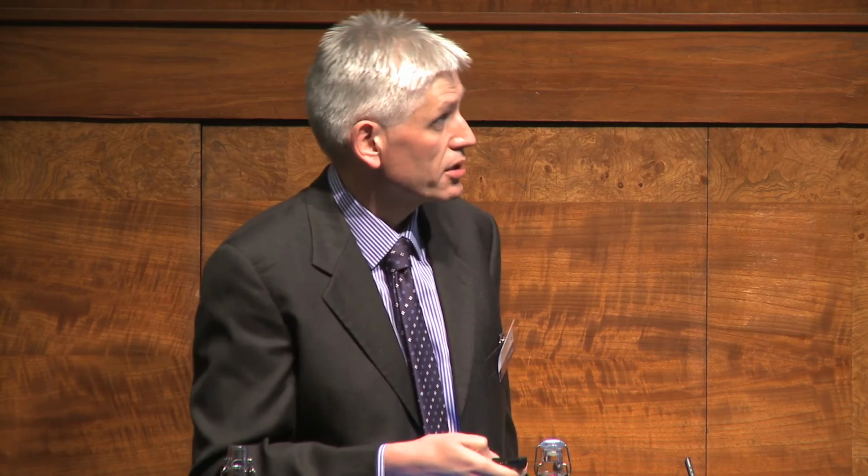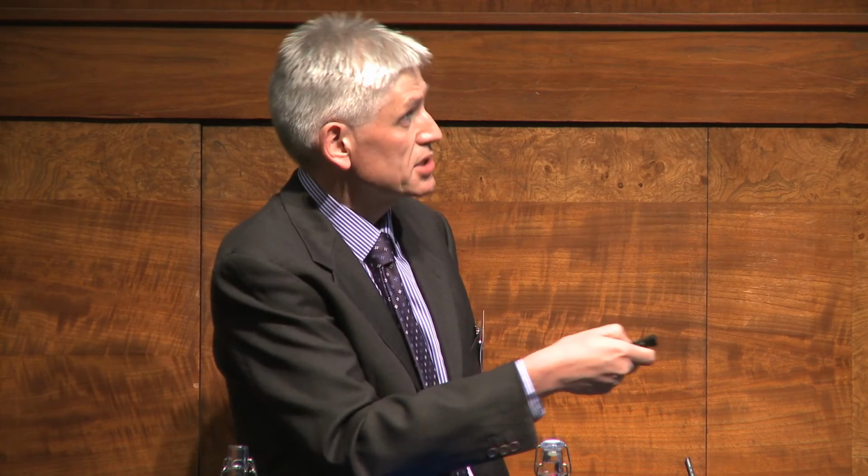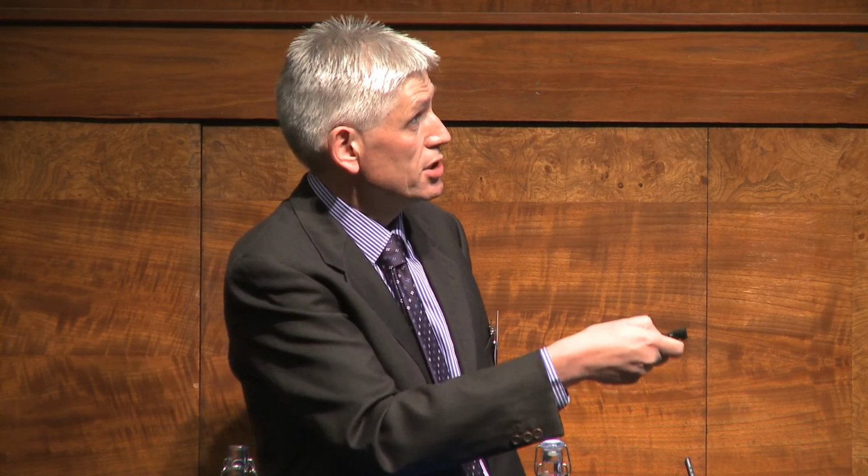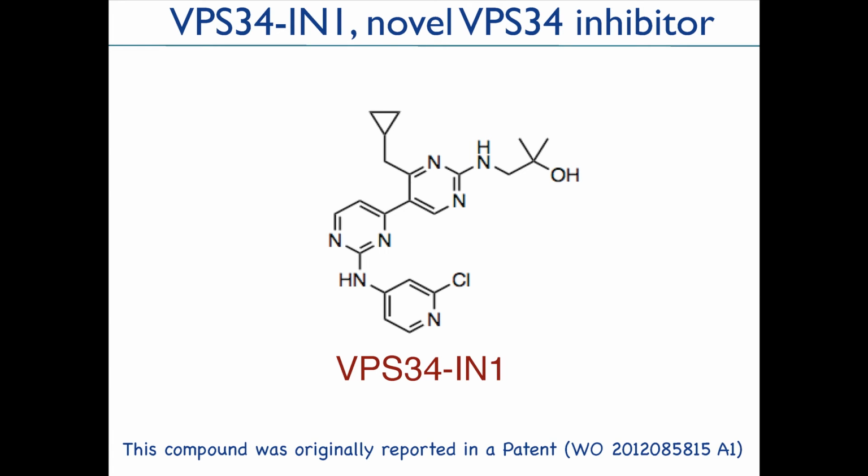So the key question was, could any of these other PI3-kinases play a role in regulating SGK3? And we were particularly interested in this VPS34 enzyme because it's known to reside on the endosomes where SGK3 is located. To do this, we got hold of a compound that we discovered in a Novartis patent that hasn't been published yet, but we actually synthesized this in-house.